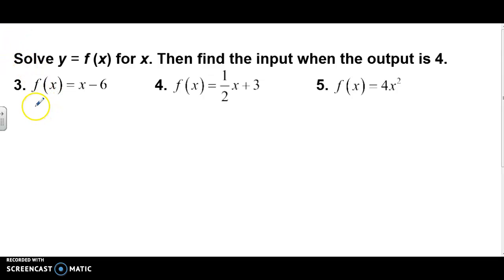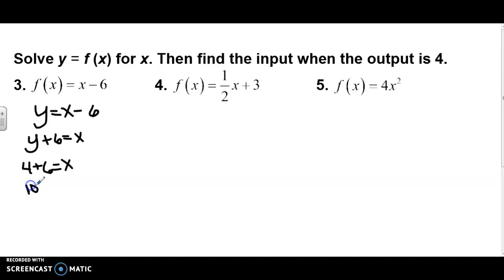Alright, so for here, we're going to write y equals x minus 6. And then we are going to solve for x. And then we're going to find the input when the output is 4. So the output is still y, so 4 plus 6 equals x. So 10 equals x.